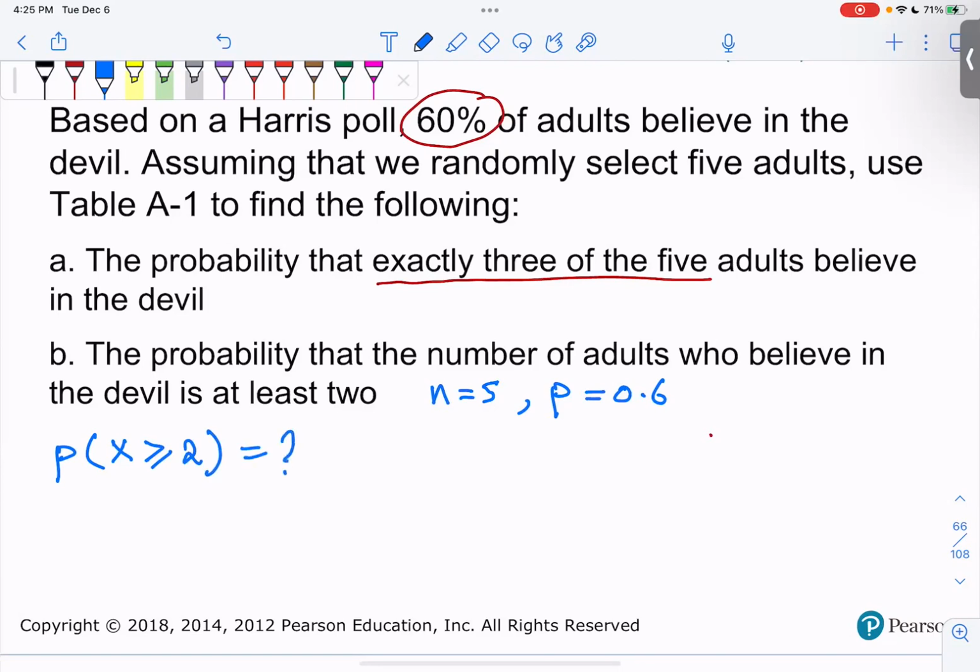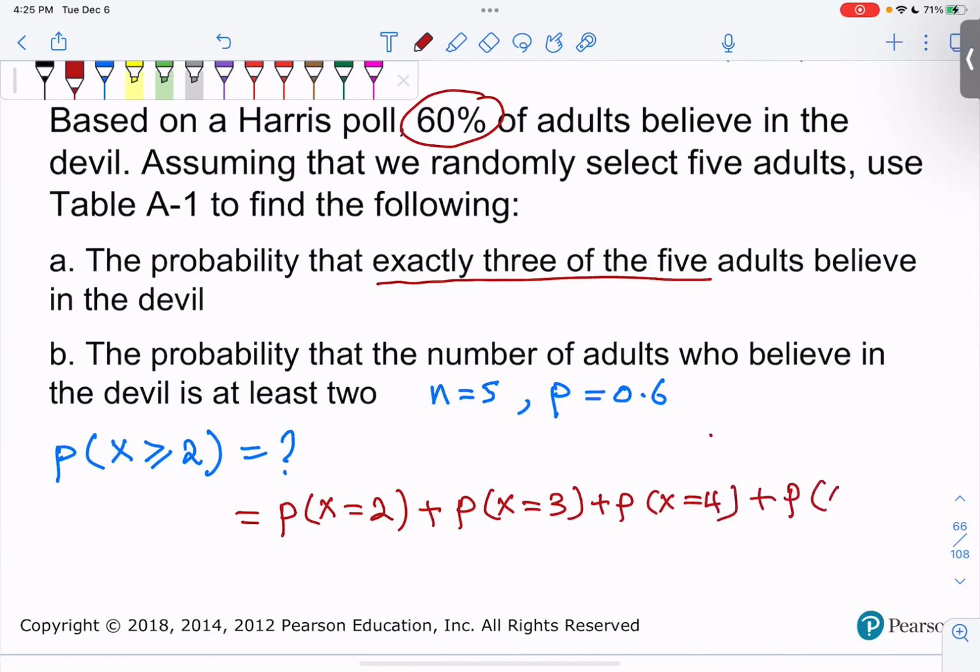So this is equal to probability of X equal to 2 plus probability of X equal to 3 plus probability of X equal to 4 plus probability of X equal to 5, if you want to do it manually.